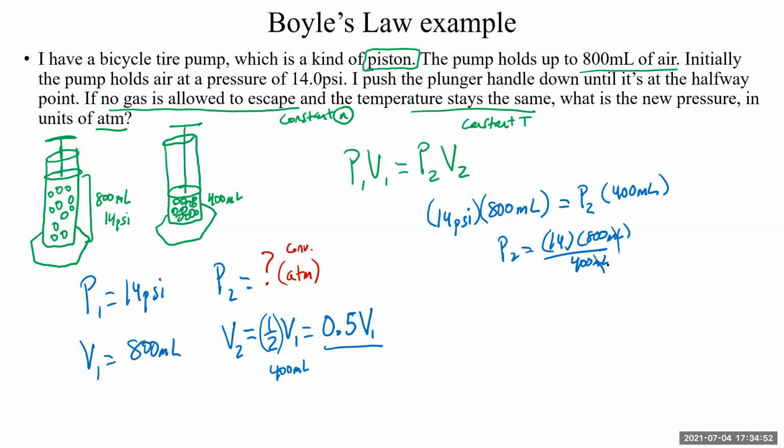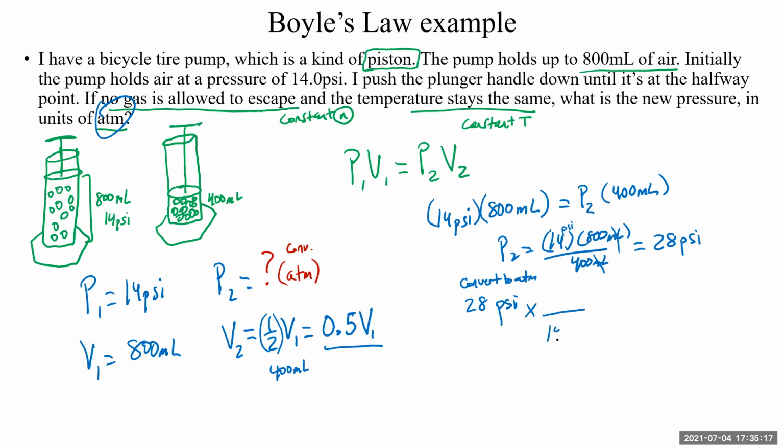So the milliliters cancel out. We get PSI as our final unit. So 800 divided by 400 is 2. That's going to be 28 PSI. And then, of course, we need to convert 28 PSI to atmospheres.